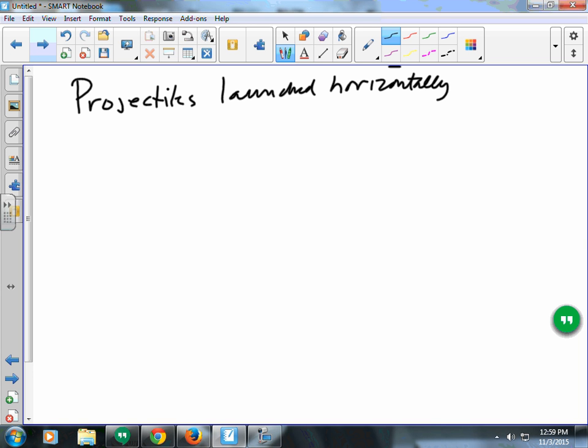All right, 27. A dart is fired horizontally from a dart gun, and another dart is dropped simultaneously from the same height. If air resistance can be neglected, which dart hits the ground first? Same time. Yeah. Because vertical and horizontal are independent of each other, right?